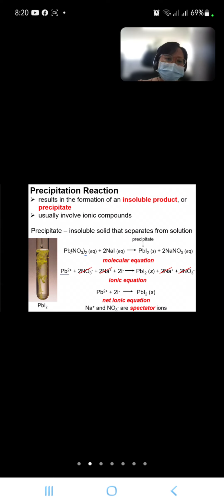The subscript of lead here is 1. 1 ang subscript. Diba? So remember mo sa crisscross method? Diba? Crisscross method. The subscript of the cation is the magnitude of the charge of the anion. The subscript of the anion is the magnitude of the charge of the cation.